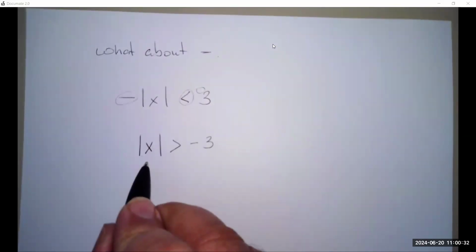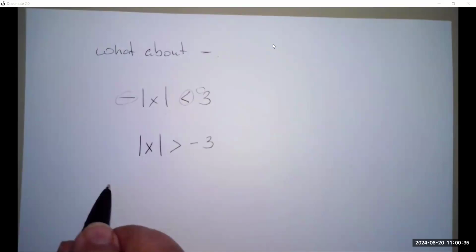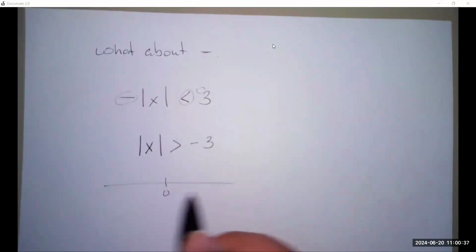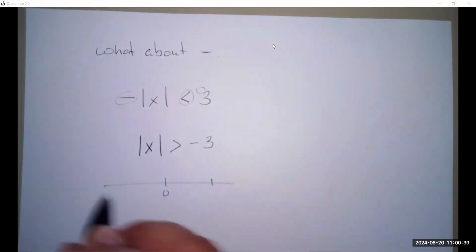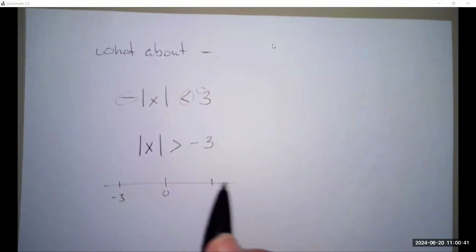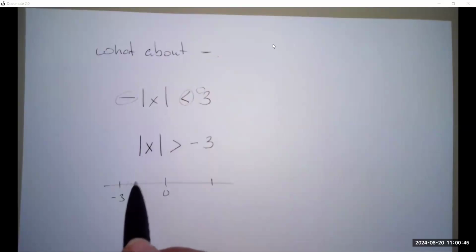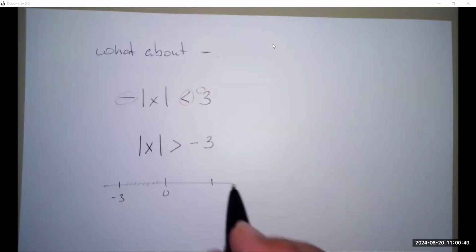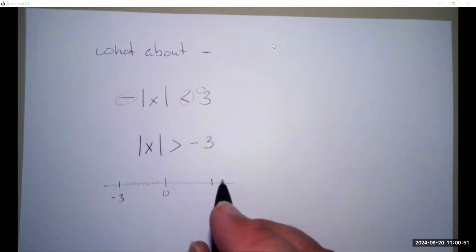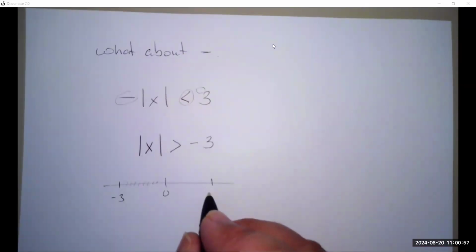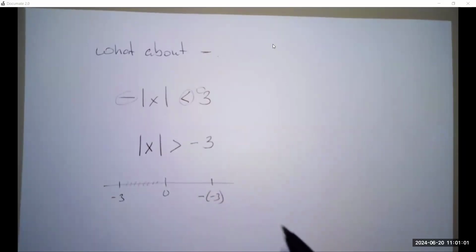All right. So now when I look at this, we have a -3. So x is greater than -3, which means it's going this way. Negative of a -3.